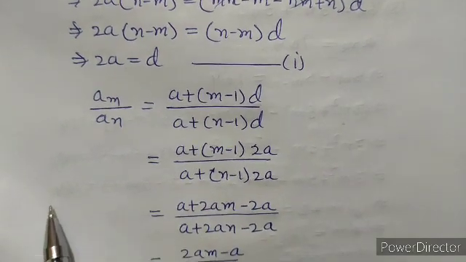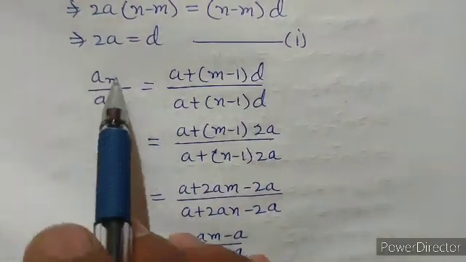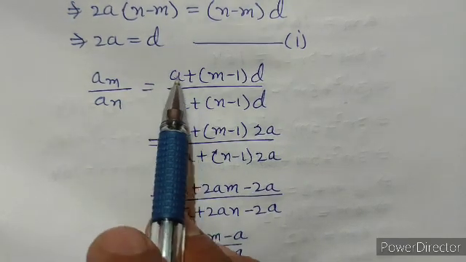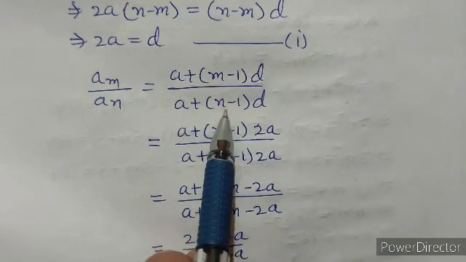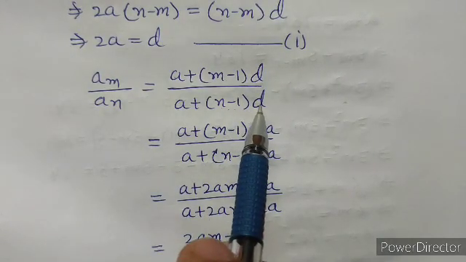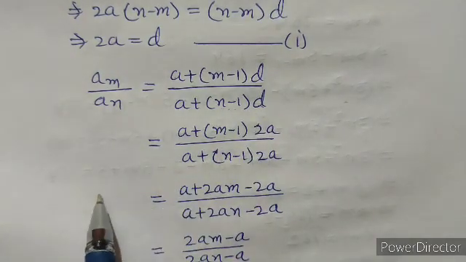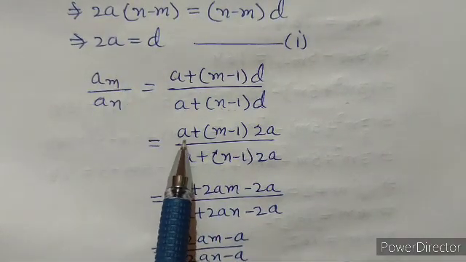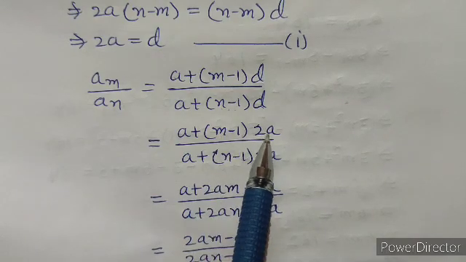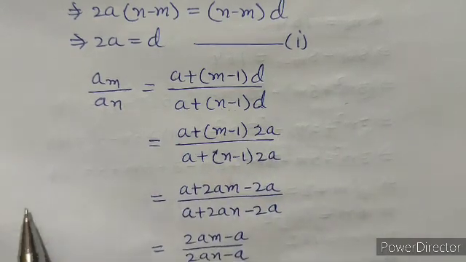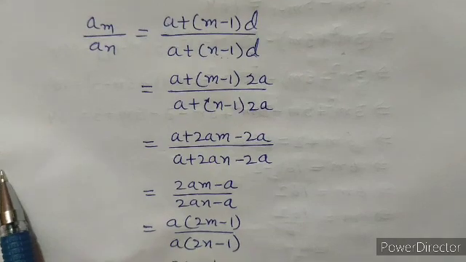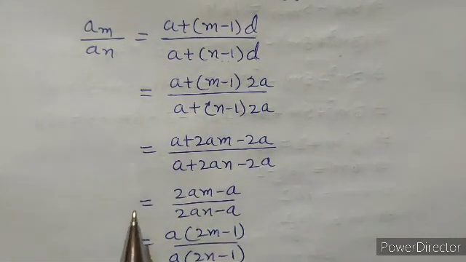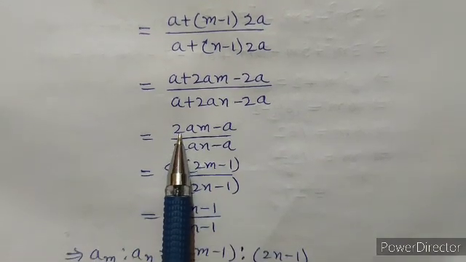Now we have to find out the ratio of mth and nth term, that is am upon an will be equal to (a plus (m minus 1)d) upon (a plus (n minus 1)d). Now on putting the value of d as 2a from equation first, this will be equal to (a plus (m minus 1) into 2a) upon (a plus (n minus 1) into 2a), which will be equal to (2am minus a) upon (2an minus a).